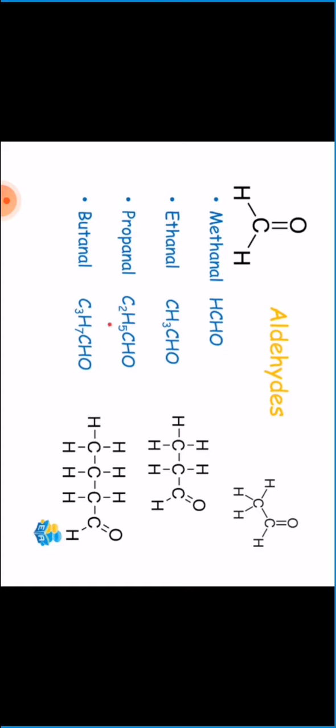Propanal, C2H5CHO, is here, and then butanal, C3H7CHO, is there. As you can see, the CHO is common with all of these names and chemical formulas. The CHO is the functional group, and attached to it is either a hydrogen or an alkyl chain.